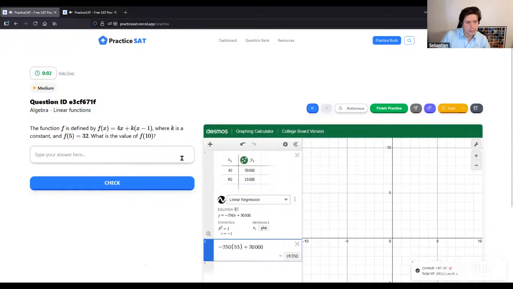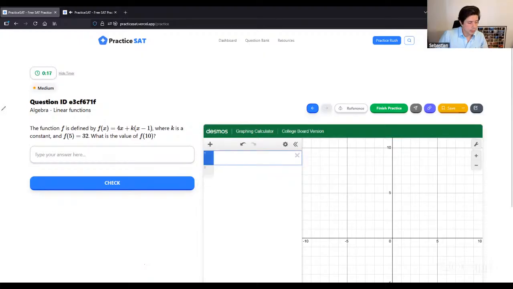Beautiful. The function f is defined by f of x equals 4x plus k times (x minus 1), where k is a constant and f of 5 equals 32. What is the value of f of 10? Okay, let's just find it. I'll write this one out. So let's plug in 5 and plug in 32. So 32 equals 4 times 5 plus k times (5 minus 1). That's going to become 4.